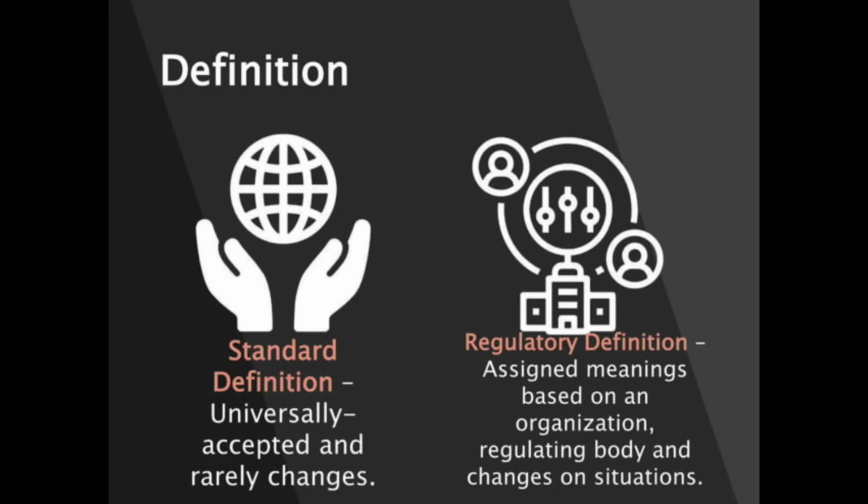So the standard definitions, meaning to say it is universally accepted and rarely changes. Pag sinabi po natin universally accepted, it's like ginagamit siya in the whole world. Agreement. Okay, for example, what is a universal language? So our universal language is English.